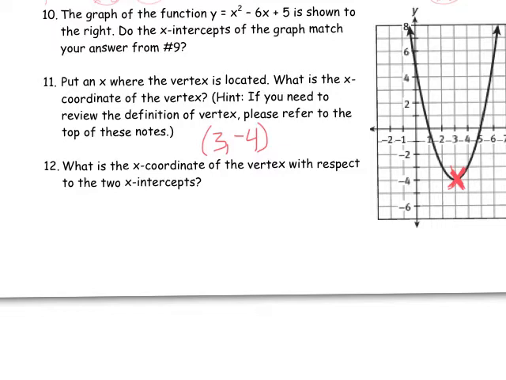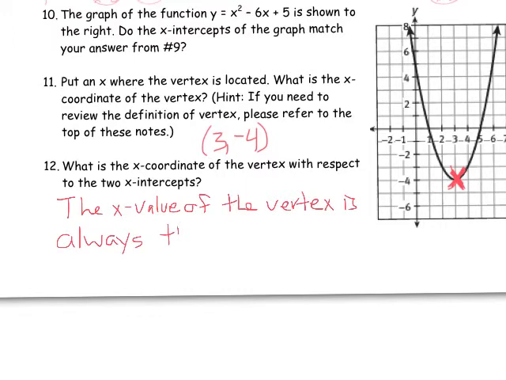So the X value of the vertex is always the exact middle of the zeros.